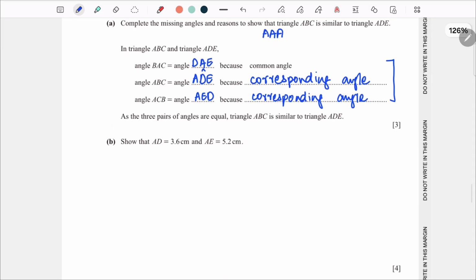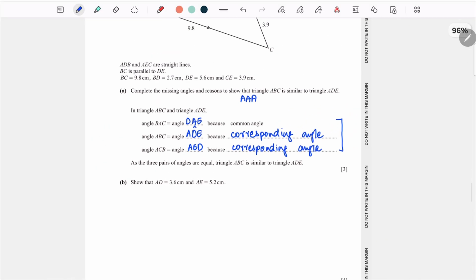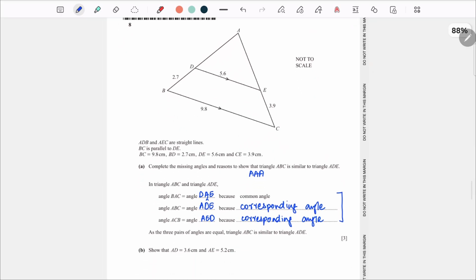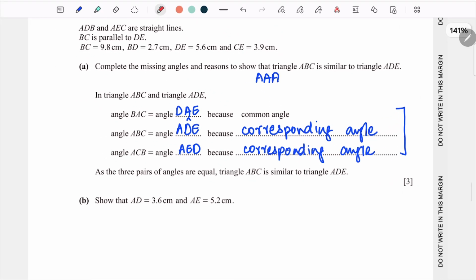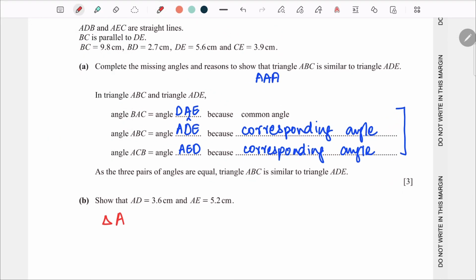In part B, show that AD is equal to 3.6 and AE is 5.2. So basically, when triangles are similar, we can form ratios. First I'm going to write that triangle ABC is similar to triangle ADE.